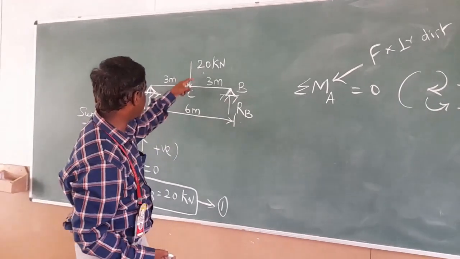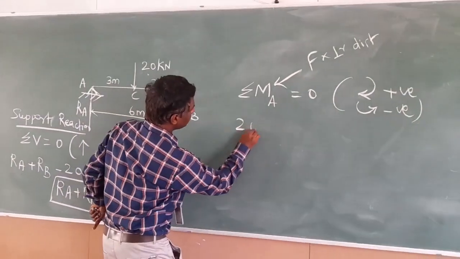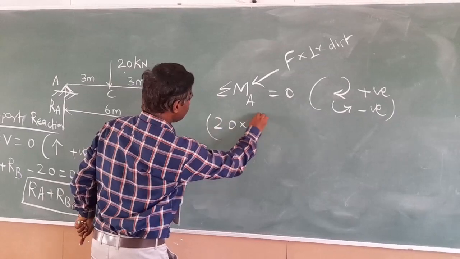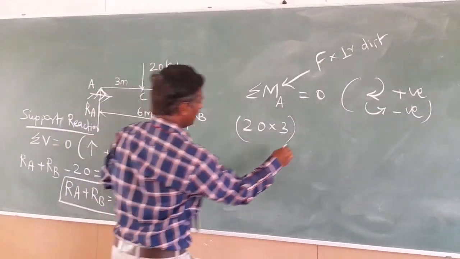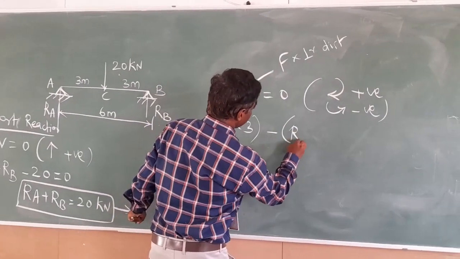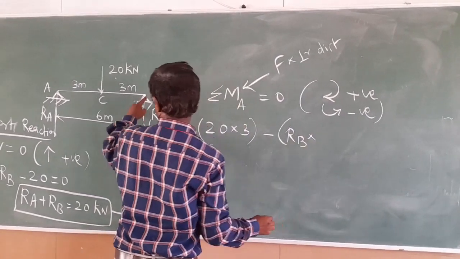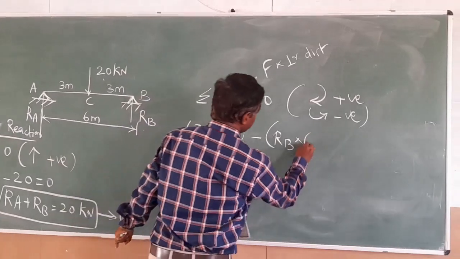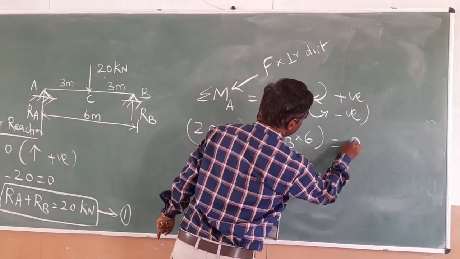Since it is clockwise, 20 into the perpendicular distance 3, and RB is anticlockwise, so it is negative, RB into the distance to point A, which is the total 6 meters, equal to 0.